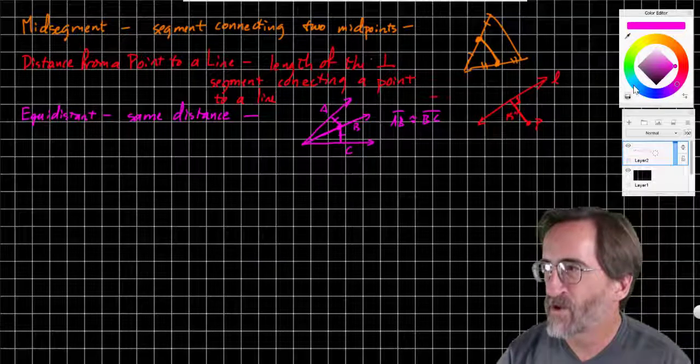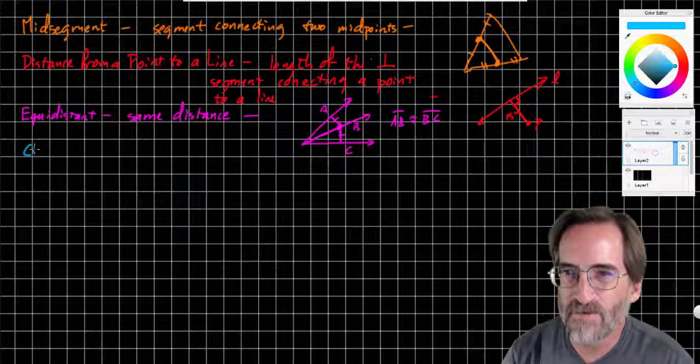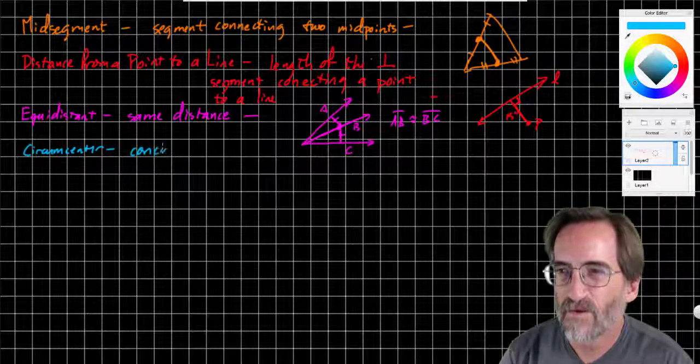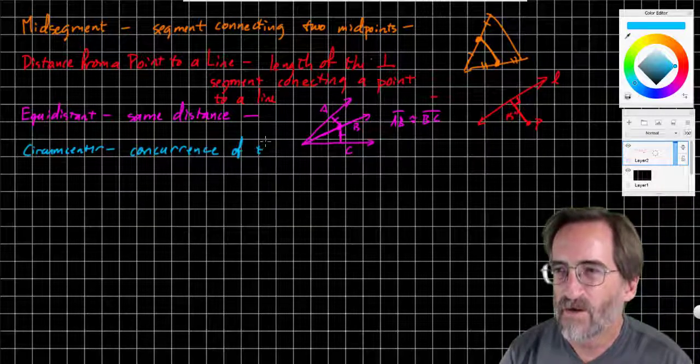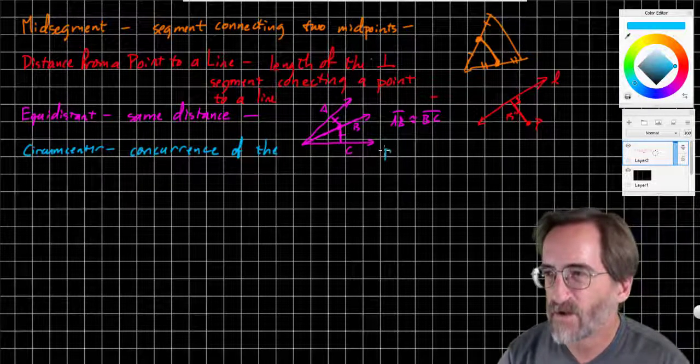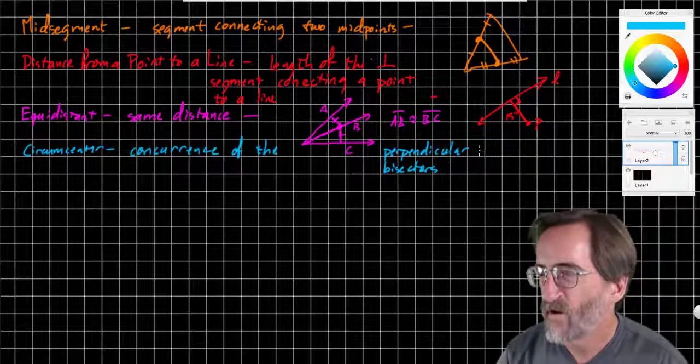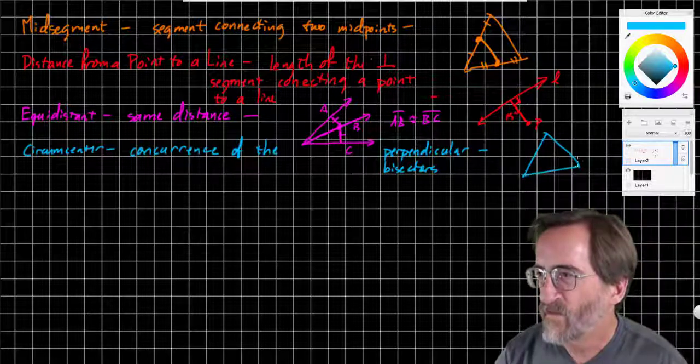Circumcenter of a triangle. I'm going to leave out "of a triangle" here. Circumcenter. The concurrence. Concurrence is a word meaning all at the same time, the same place. The concurrence of the perpendicular bisectors. Example, I have a triangle.